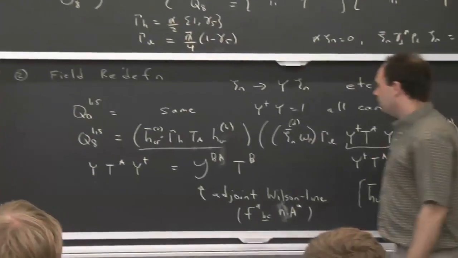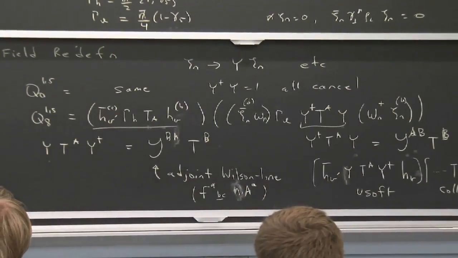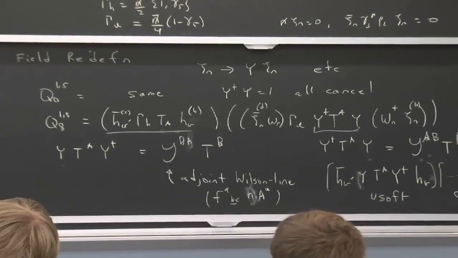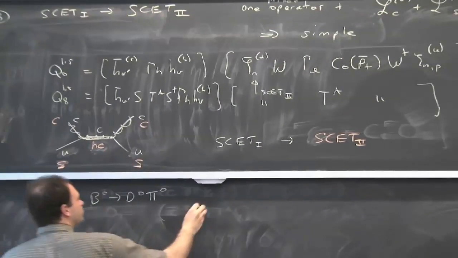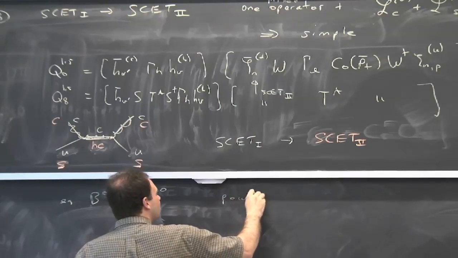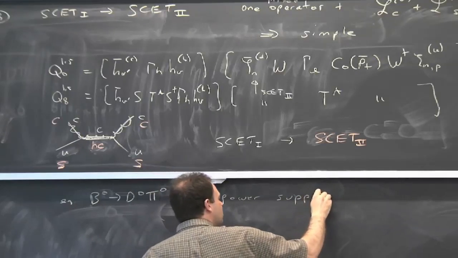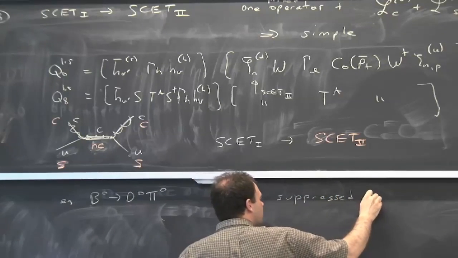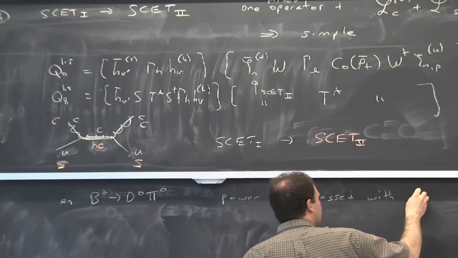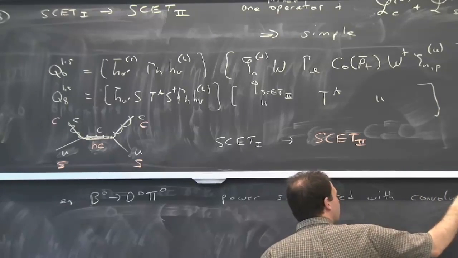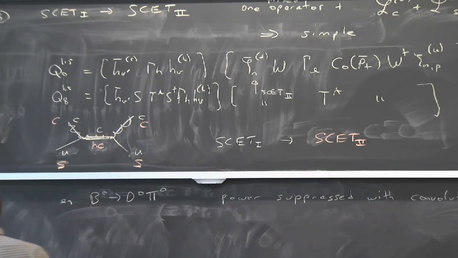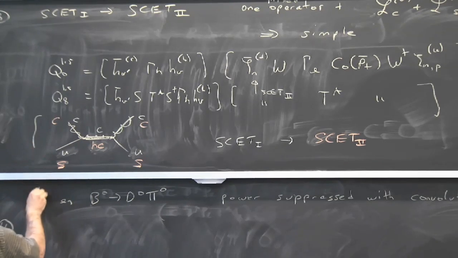And it turns out that happens at leading order, whereas the neutral pion process with the neutral B and neutral D is power suppressed. Hope I'm remembering that right. Yeah, I am.